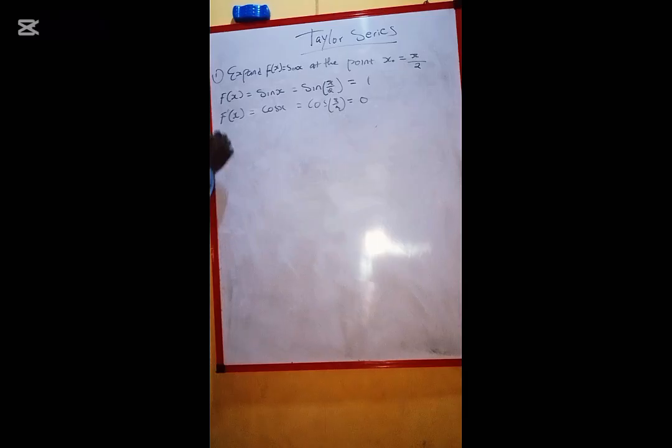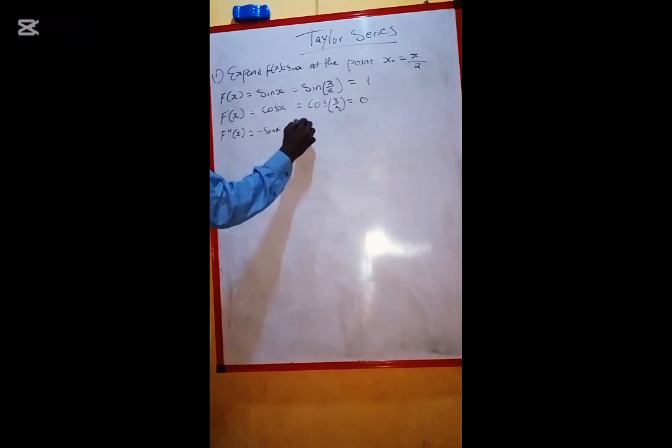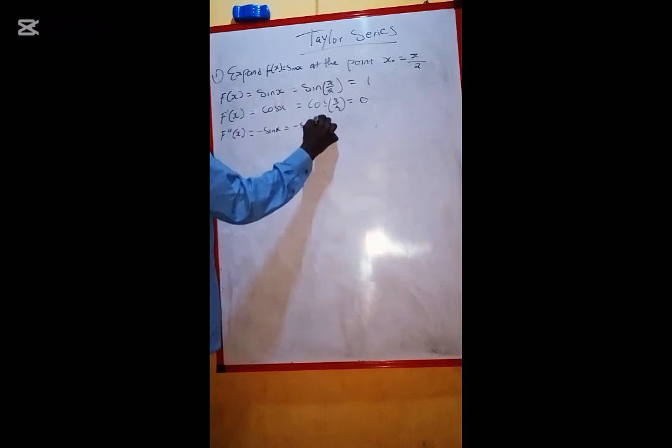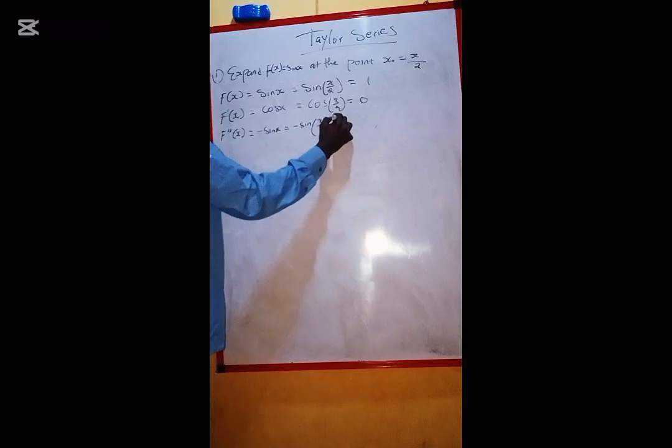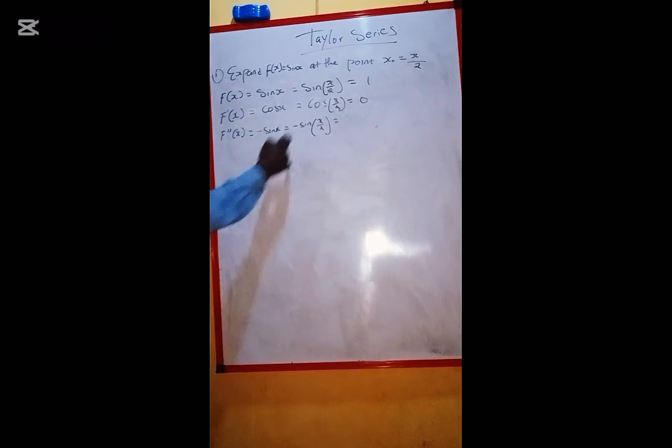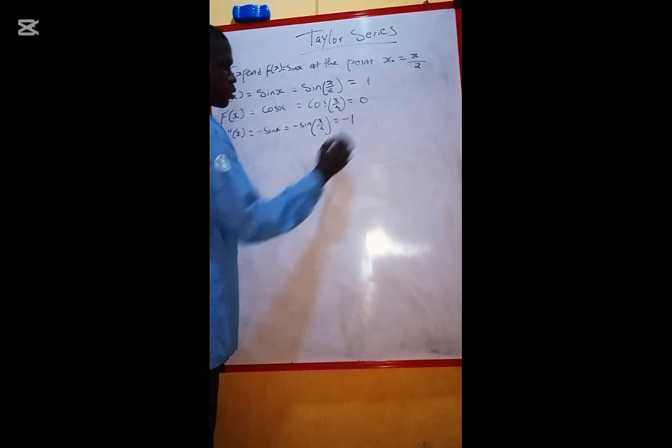Our second derivative: differentiating cos x gives minus sin x. So minus sin of pi over 2 equals minus sin 90, which is minus 1.